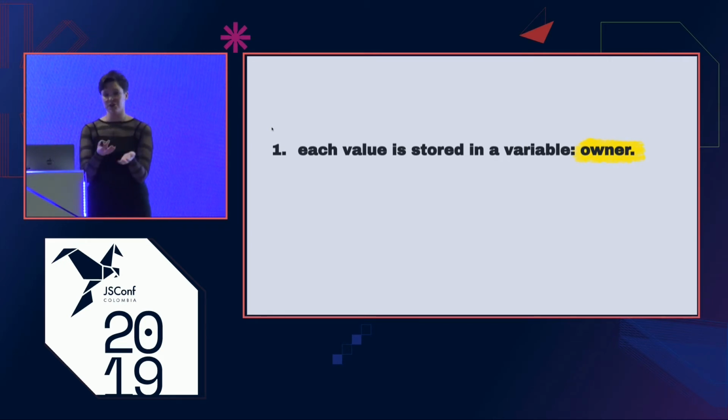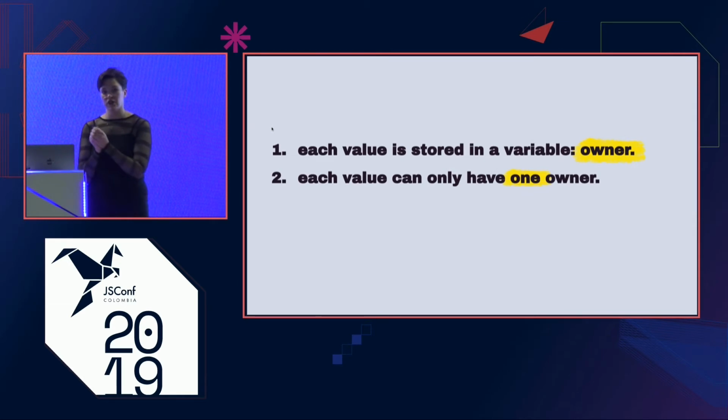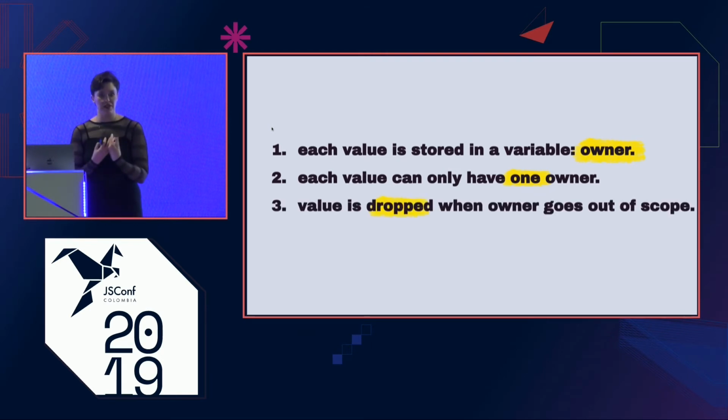Each value is stored in one variable, and that variable is called the owner. Each value can only have one owner, so you can't have multiple objects belonging to two different things. And when the owner goes out of scope, the value is dropped and gets out of memory.